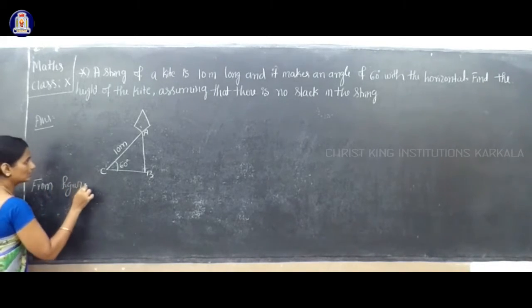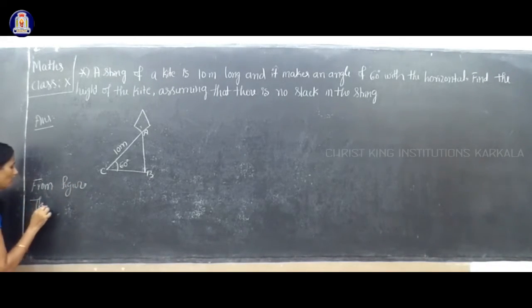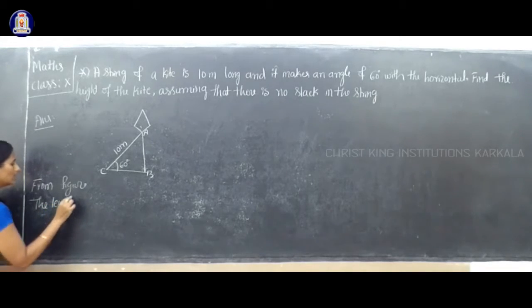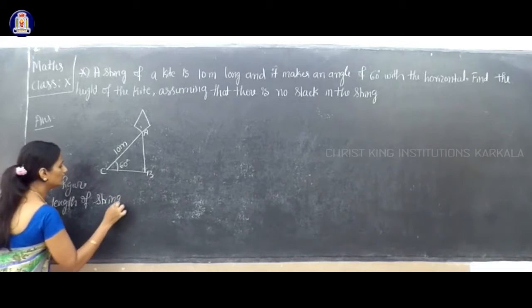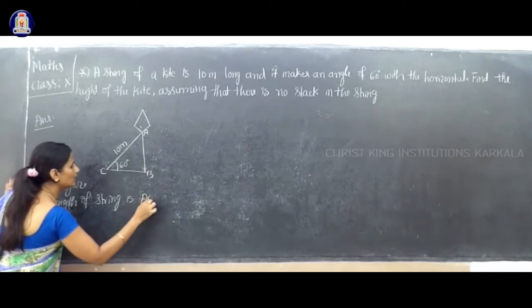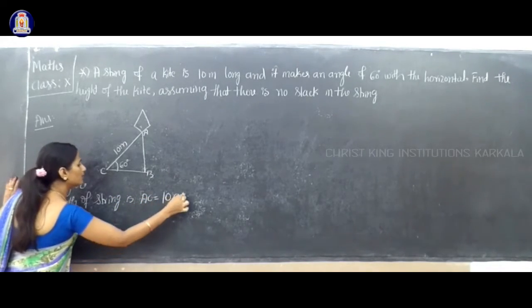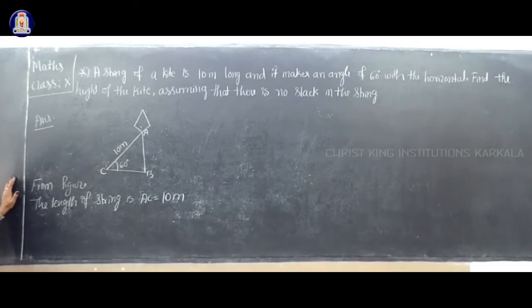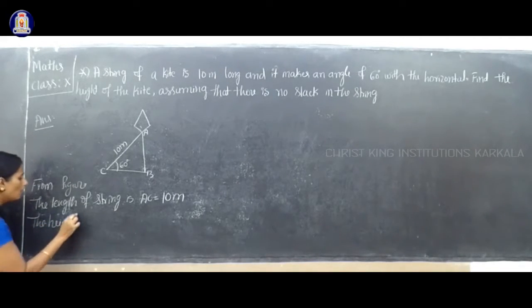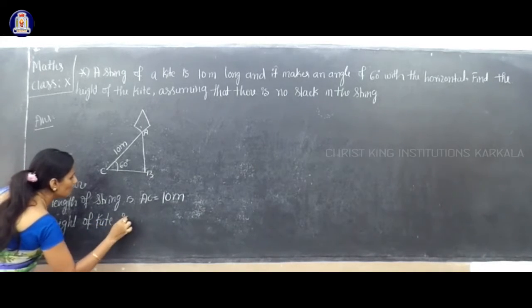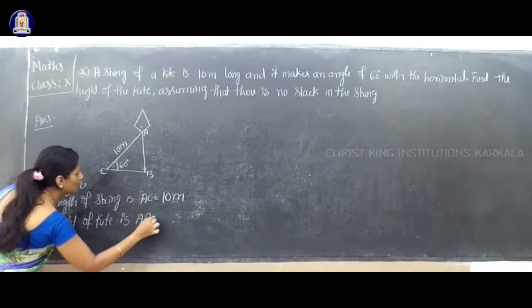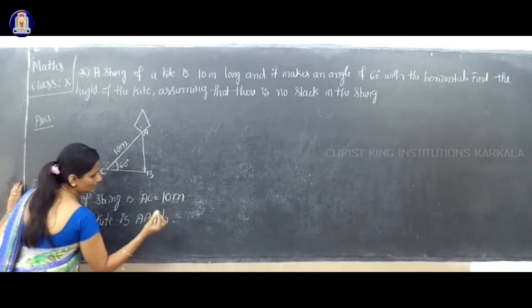Now from the figure, the length of the string AC is equal to 10 meters. So the height of the kite, AB, I will take as h.